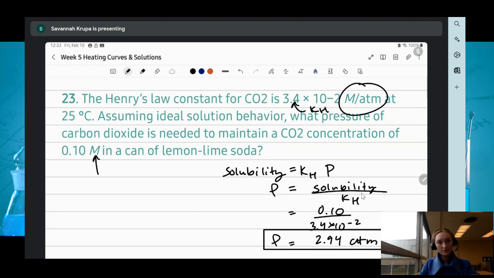So the molarity was moles per liter. So because the moles per liter canceled out with these two that we calculated, it's okay that we didn't need to convert it to grams per liter. If the constant was in grams per liter, then you would need to convert the solubility as well to make sure the units check out.